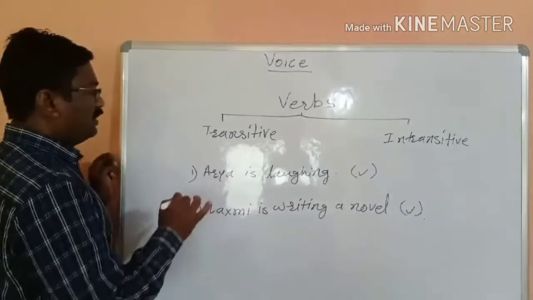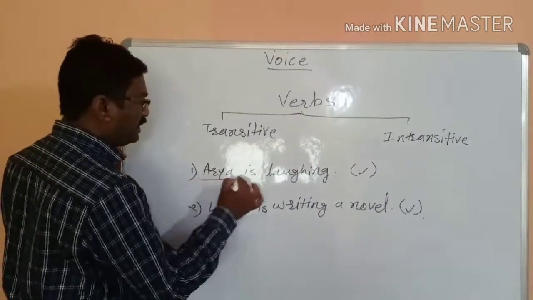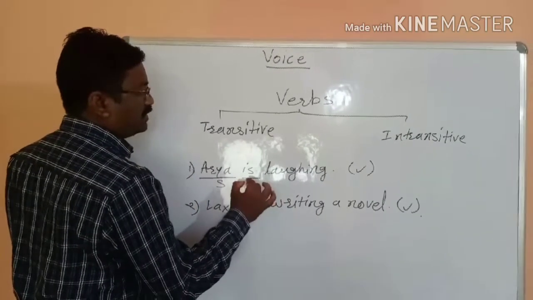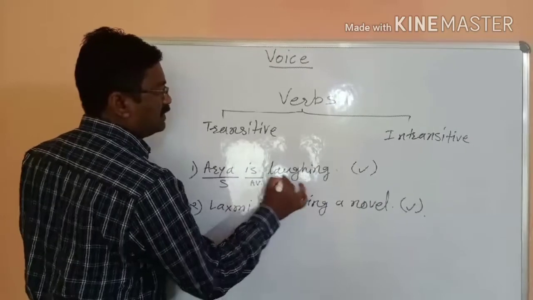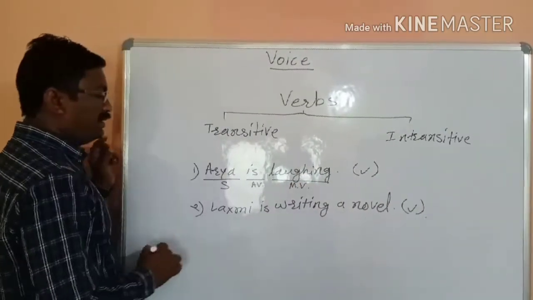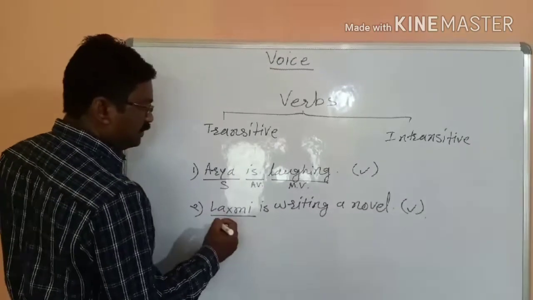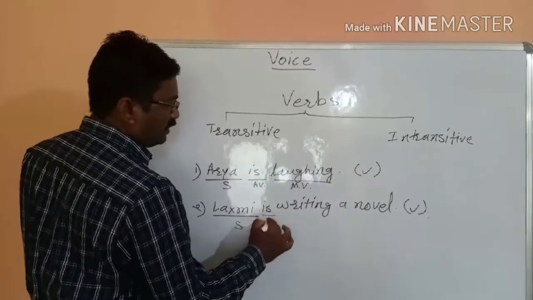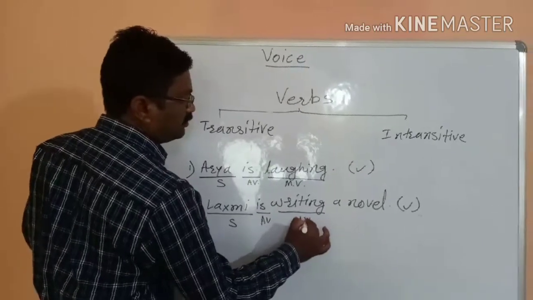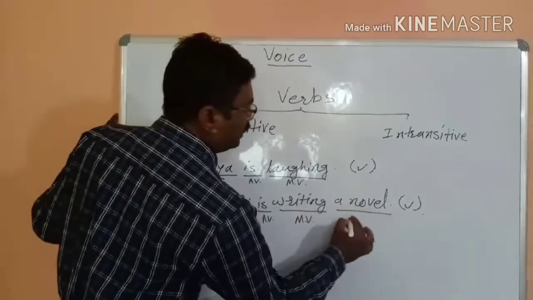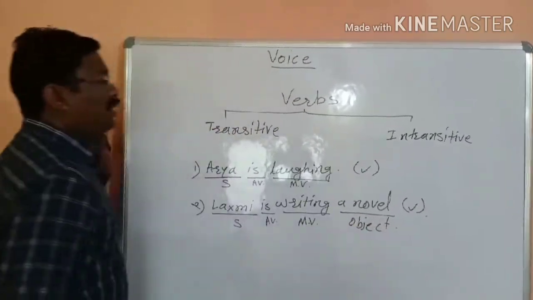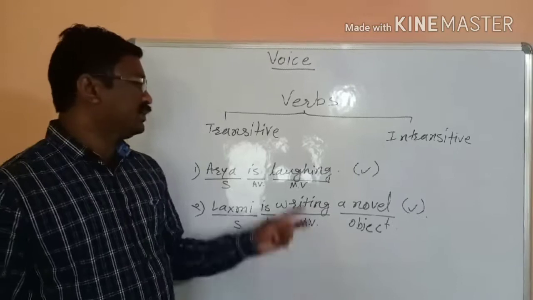You just see here, if we describe this sentence word by word, Arya is subject, this is auxiliary verb, this is your main verb, and here Lakshmi is subject, here auxiliary verb, main verb, and a novel is object. What is the difference between the two sentences?